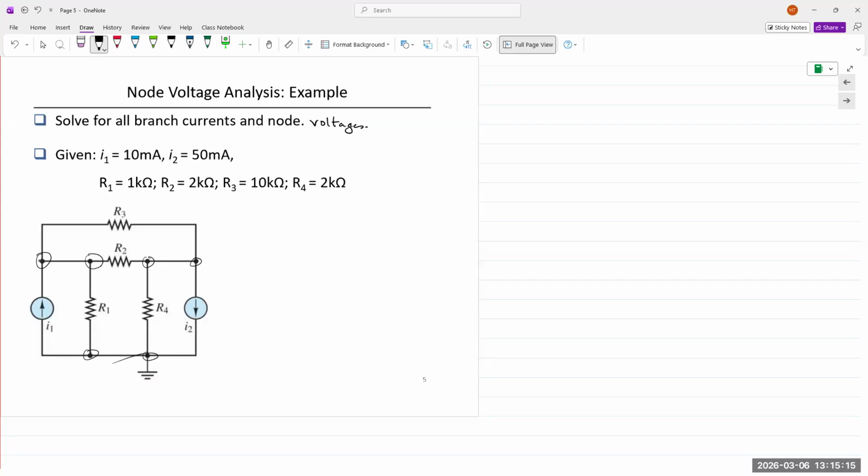How many say none? Doubtful. As a rule, always check if you have 2 nodes, whether there's a wire between those 2 nodes. If there's a wire between those 2 nodes, then it's the exact same node. So if we say these are 2 different nodes and there's a wire between them, that means it's the exact same node.